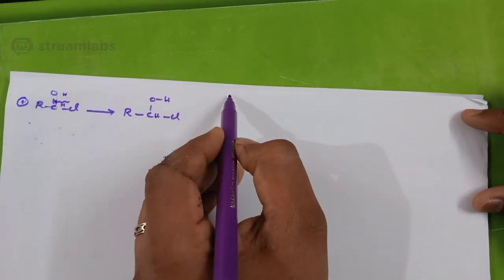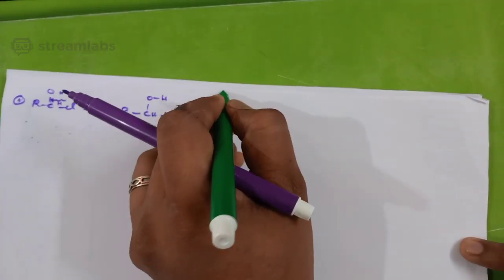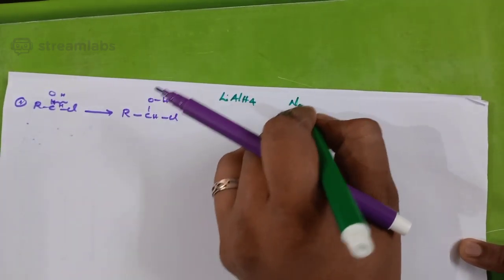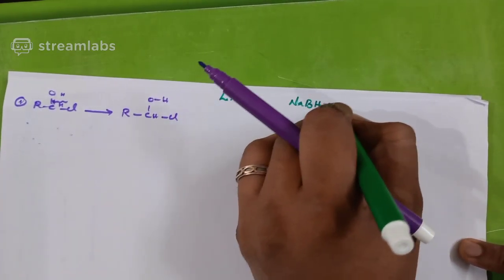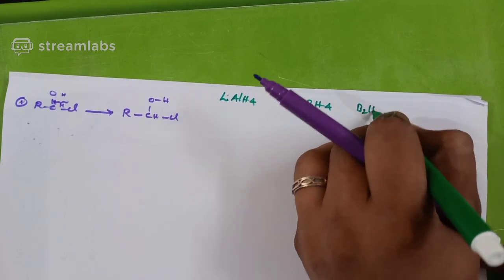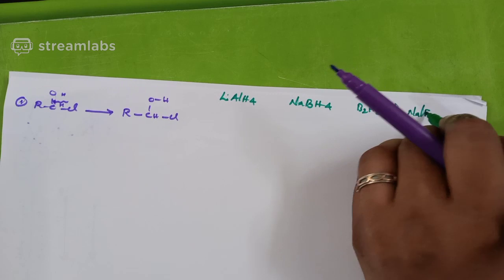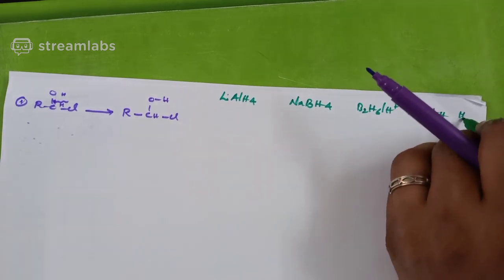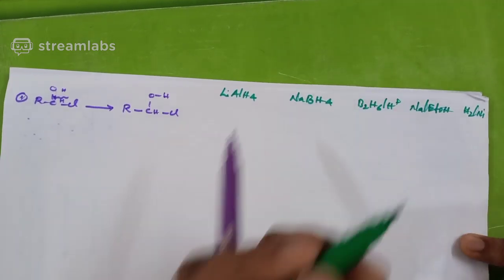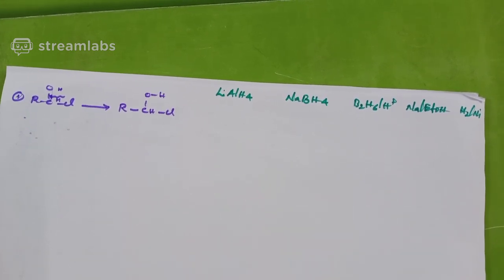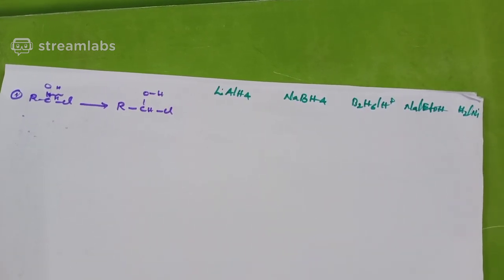Let us assume I'll give you some reducing agents like LiAlH4, NaBH4, B2H6 with H plus, sodium with ethyl alcohol, H2 with nickel or platinum or palladium, any of these. Mainly we are using these four reagents.